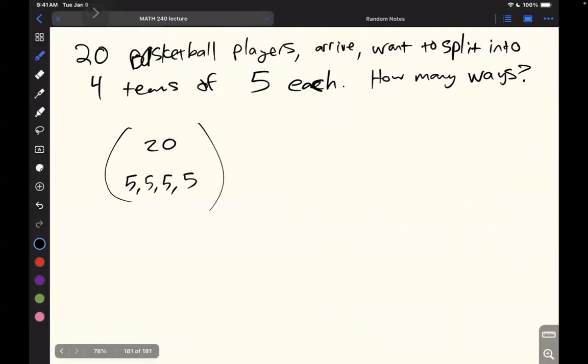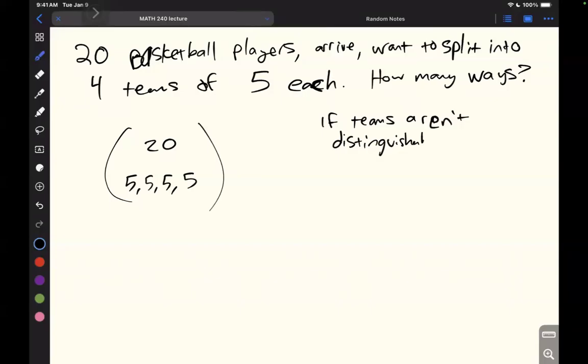But if the actual teams do not matter, so if teams aren't distinguishable, we need to remove the number of permutations.